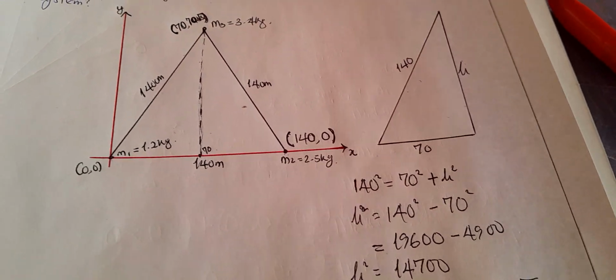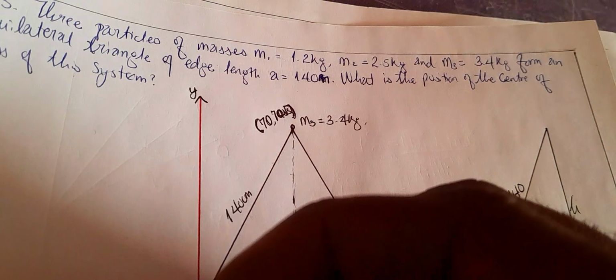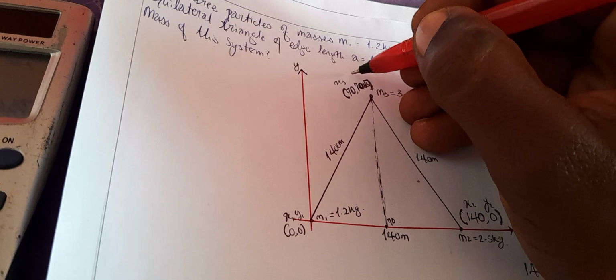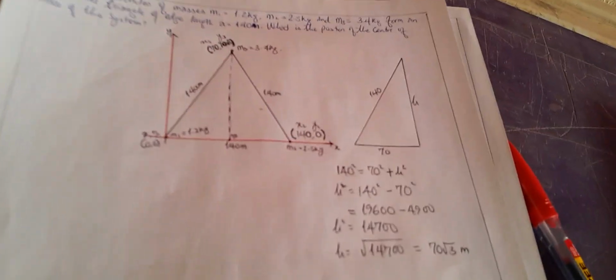So we don't get confused: x1, y1, x2, y2, x3, y3. How many particles do we have? We have 3 particles.